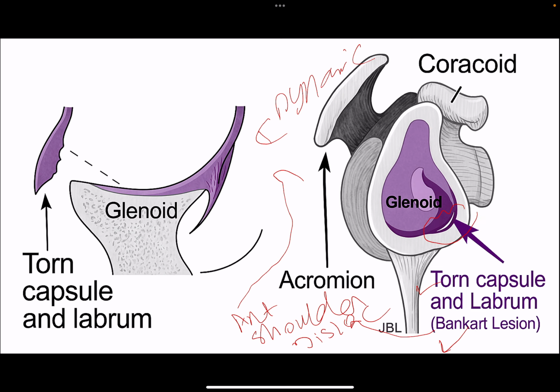Quick recap of the anatomy of the glenohumeral joint. The glenohumeral joint is composed of the humeral head and the glenoid cavity. The glenoid cavity is very shallow, so here is the glenoid labrum to deepen it.